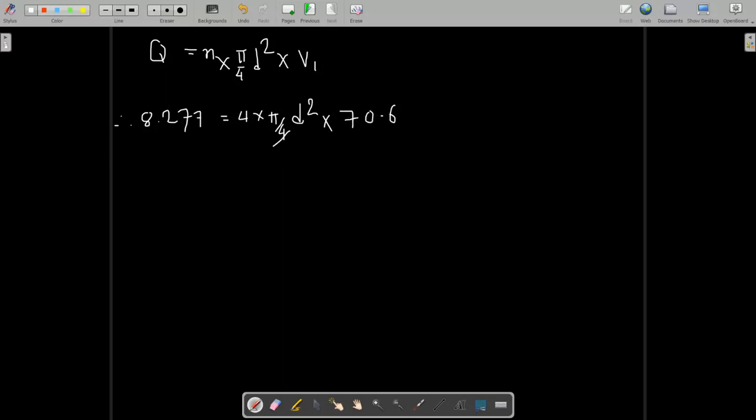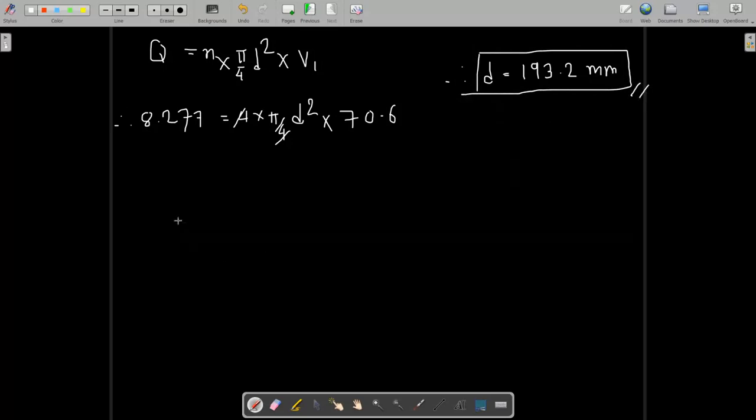When you solve this, 4 will get cancelled, and you will get the diameter 0.193 meter, but I am writing it in mm, because generally it is defined in terms of mm. So 193.2 mm.